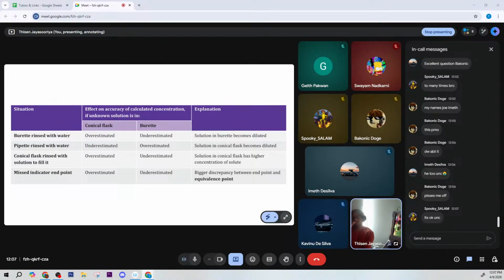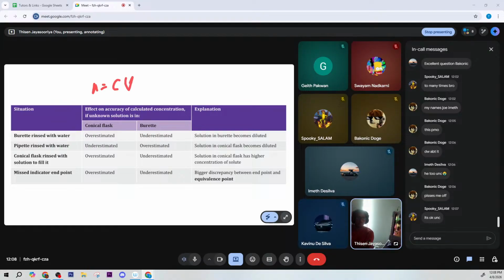So essentially what's happening here is that when we rinse the burette with water, what we want to rinse the burette with is whatever we're putting in the burette. The reason being is because if we rinse it with water, there could be water droplets left over. And if you guys remember, n equals CV.